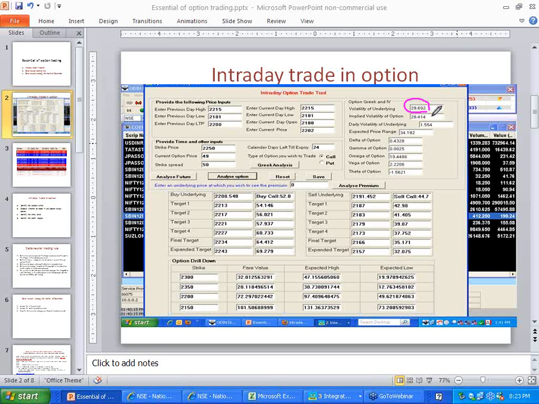If this implied volatility is lesser or more by 30%, then I should not have entered this trade. You have to enter all this information, then only this tool can analyze for you. Automatically it won't do because it doesn't have data support.